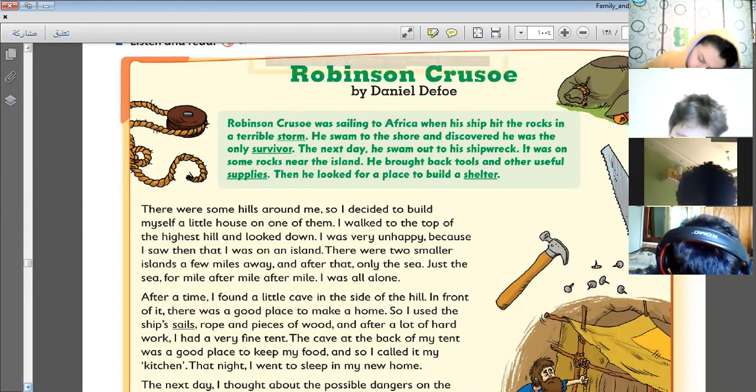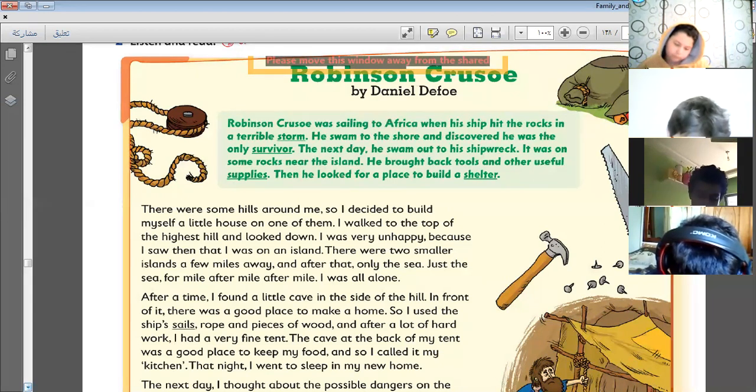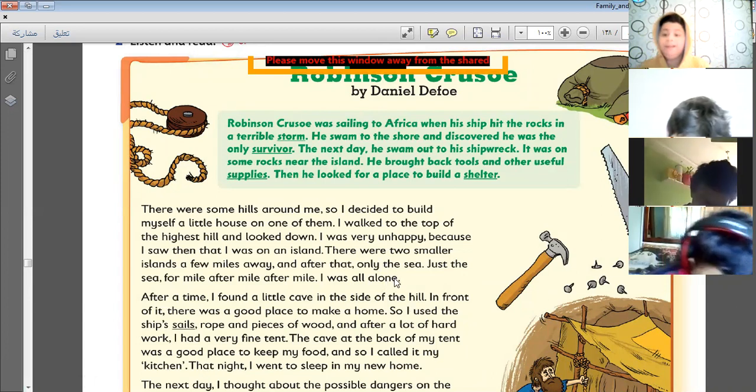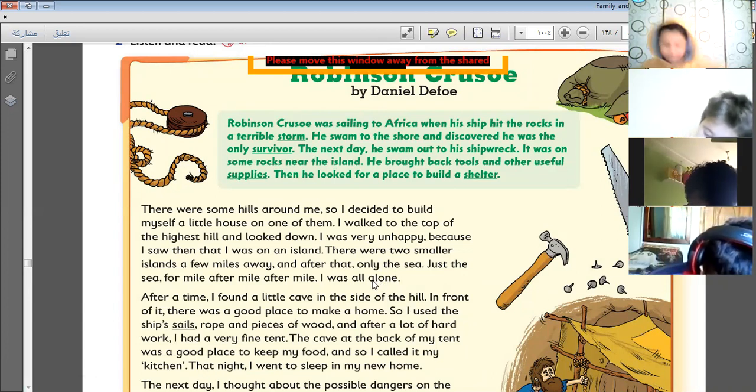There were smaller islands, a few miles away, and after that, only the sea, just the sea, for mile after mile after mile. I was all alone. Alone, underline alone, I was all alone.